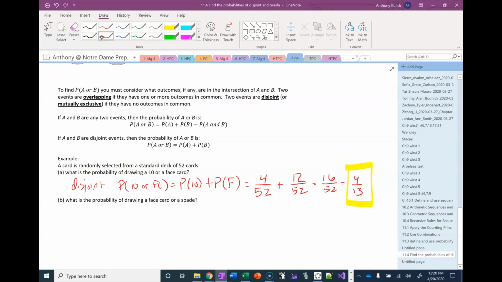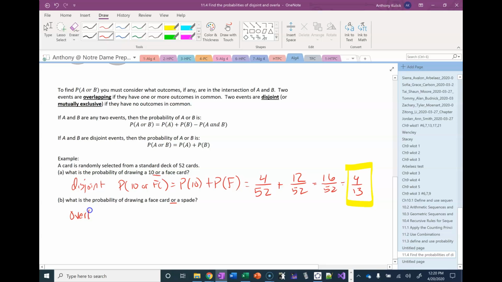Let's look at the next part of this question. It asks, what is the probability of drawing a face card or a spade? So again, this is an or question, just like the previous one was. So we have to deal with whether these are disjoint or overlapping. Here, we should ask ourselves, are there any face cards that are also spades? Yes, right?